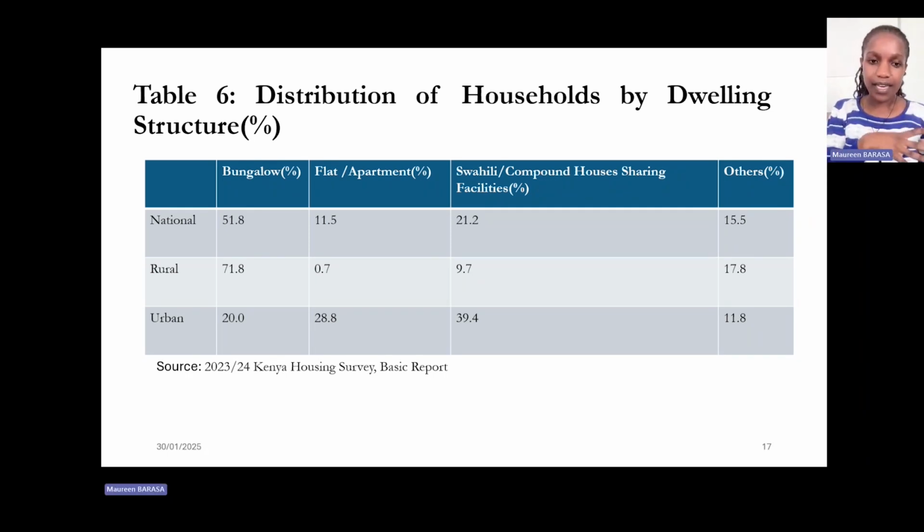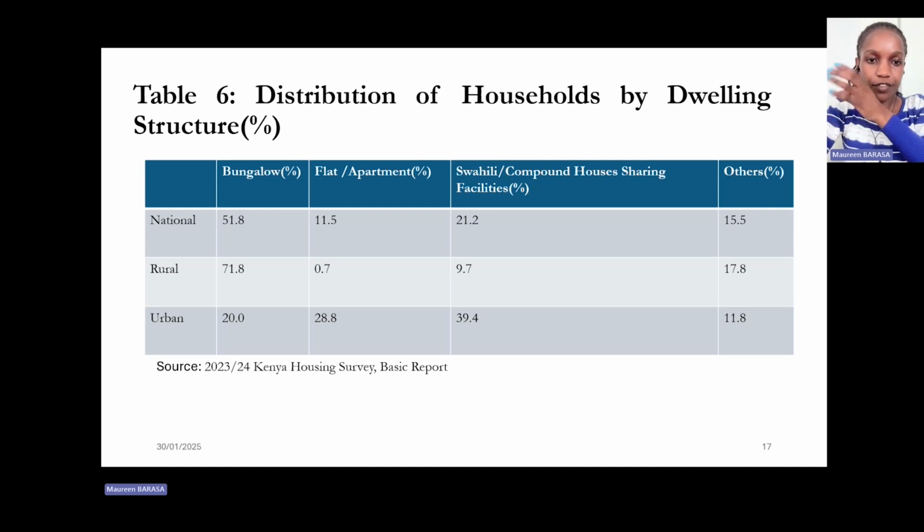It has the higher proportion, that is 71.8%. That's why it makes the national dwelling structure average to be at 51.8%. And in urban areas, it's at 20%. At 20%, that's the bungalows.